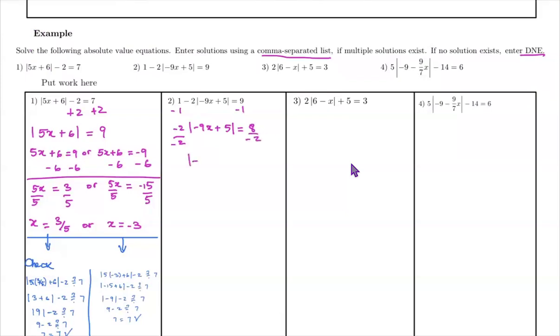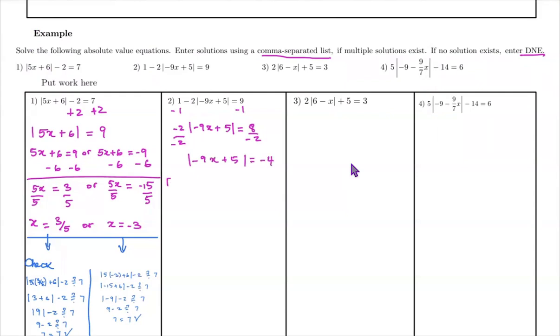Then we get absolute value of -9x plus 5 equals -4.